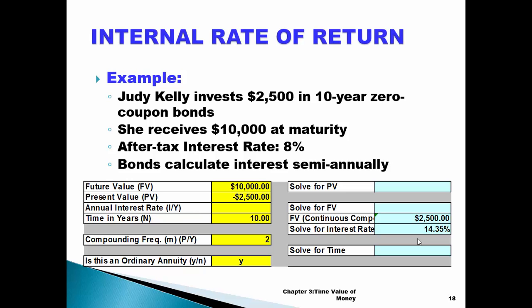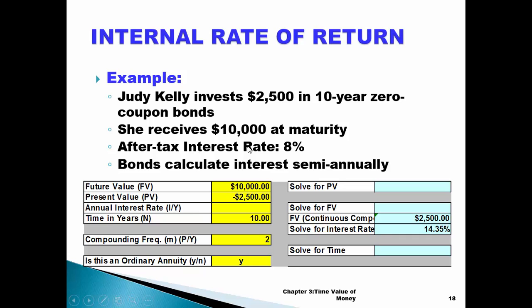So here's an example we can talk about as far as an investment. We're going to invest $2,500 in a 10-year zero coupon bond. We're going to assume that at maturity we're going to receive $10,000. The after-tax interest rate is 8%. What we would like to do is figure out what the interest rate on this investment is.